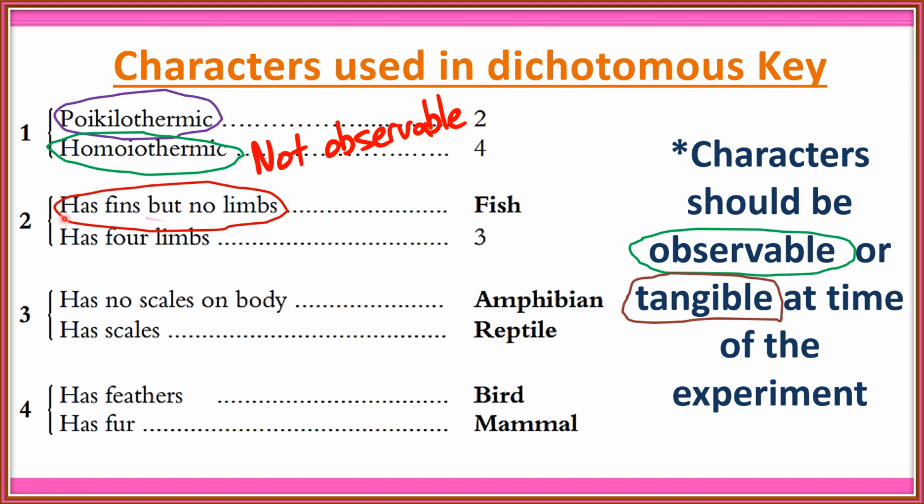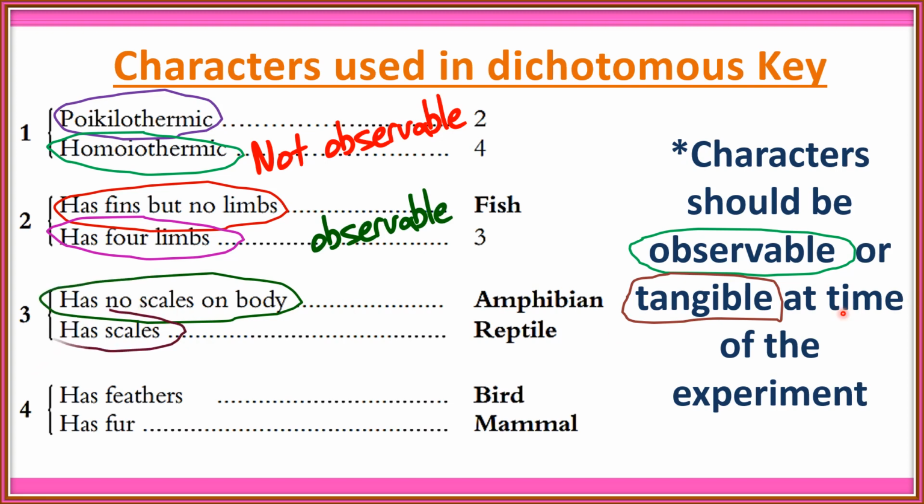Then now, we have fins on the limbs, has 4 limbs. Are these observable? Yes, those characters are observable. Then we have has no scale on the body and has scale.